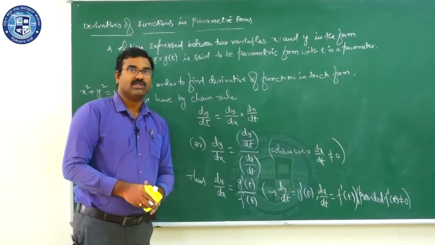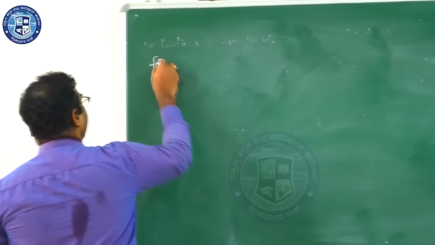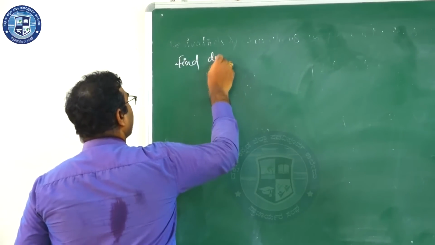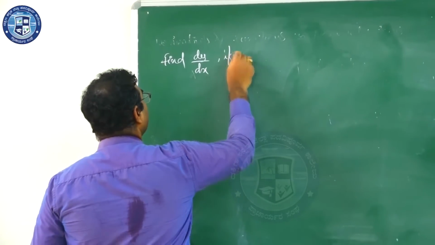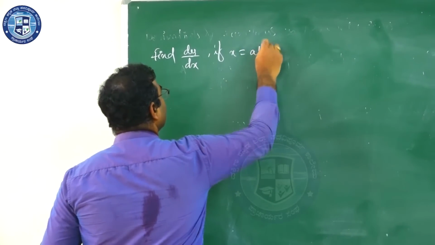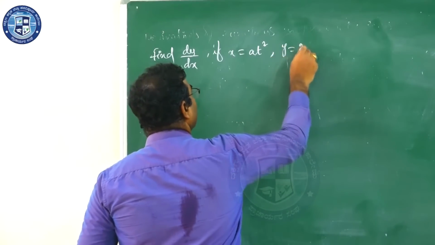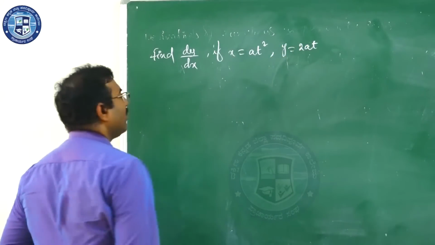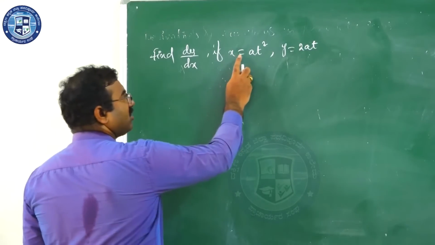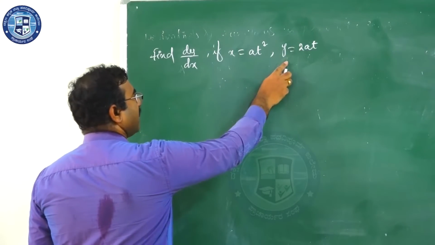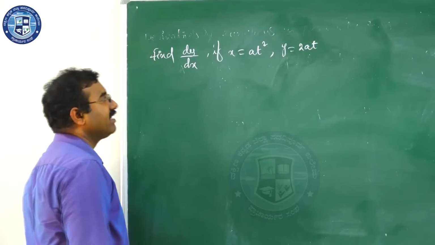So now we are going to solve the problems. Find dy by dx if x is equal to at square, y is equal to 2at. Now the relation between x and y is expressed in terms of t, so t is the parameter in this place.